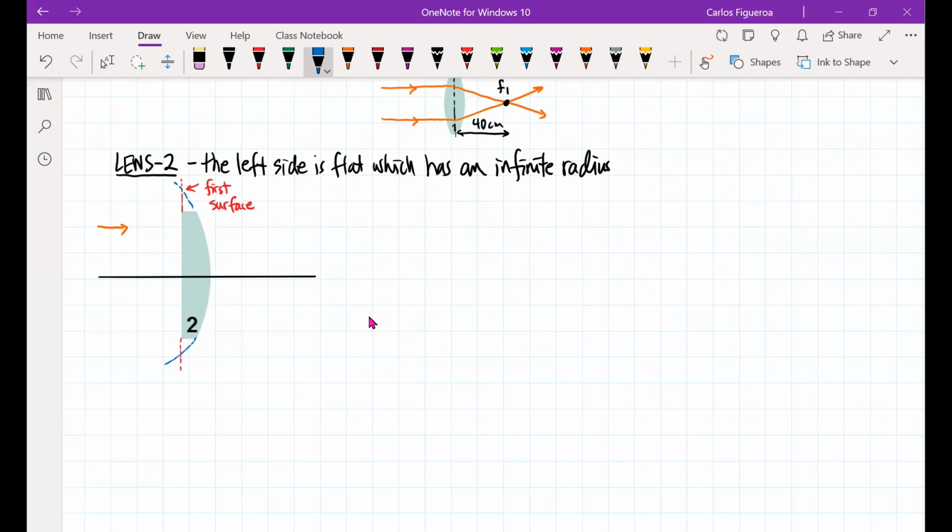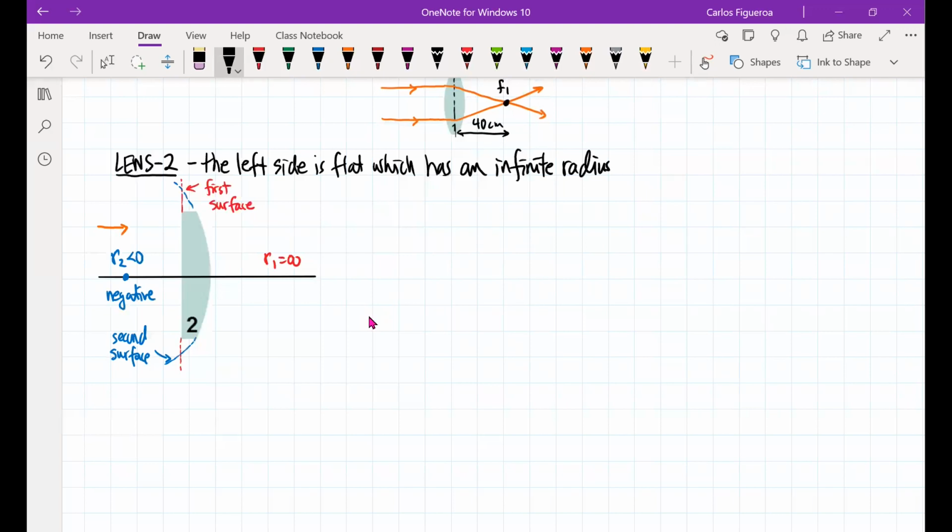So right here I'm going to have a surface R2, but that's on the negative side, so this has to be negative. And again, this is my second surface. And then over here, we see that R1 has to be infinite.